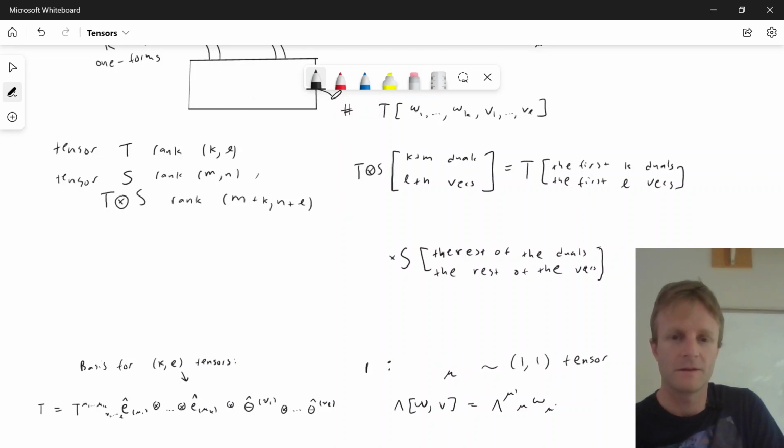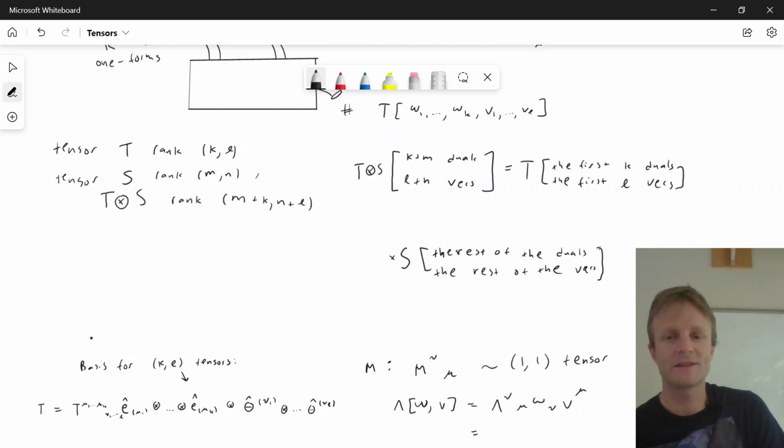M, you could think of it as M upper nu lower mu, as a (1,1) tensor. And then you could imagine plugging in one vector and one 1-form. So let's write that: M^nu_mu omega_nu v^mu. And this is the same thing.